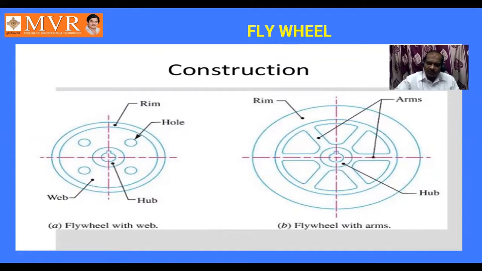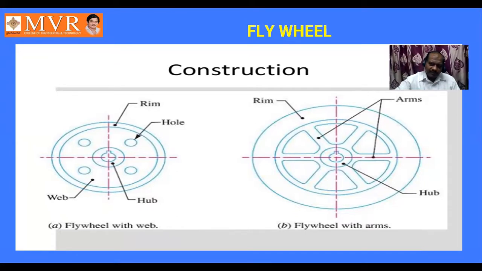In this one, what will we design? We will first choose the density of the metal, that means the material through which we are going to prepare this flywheel. That is fixed. Then we have to go for the dimensions of this flywheel. It has a thickness and a diameter, which are variables.